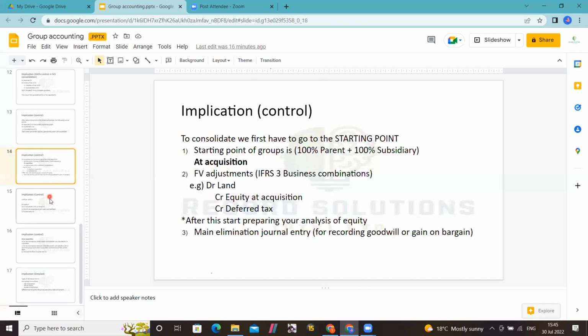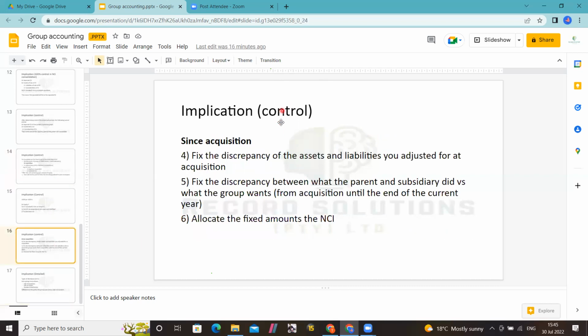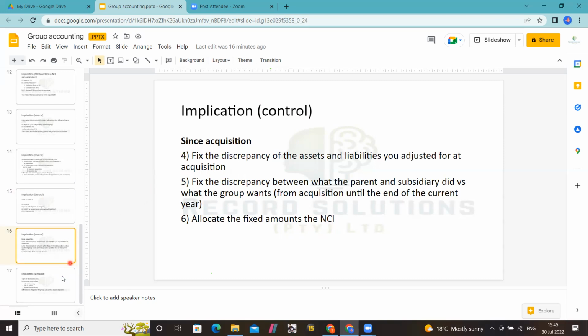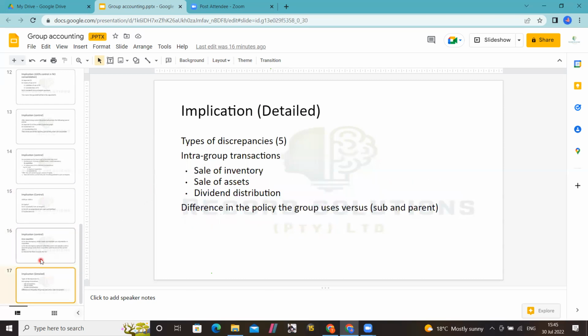Then after fixing these discrepancies, the last thing that's left is allocating those fixed amounts. So those amounts now are fixed, right? Those correct amounts go to the NCI. And as you can see here, when we are busy with the main elimination journal entry, we did allocate something to the NCI. However, at acquisition, you remember, now we have to allocate everything from since acquisition to the end of this year, right?